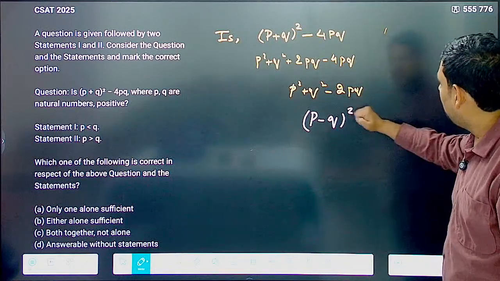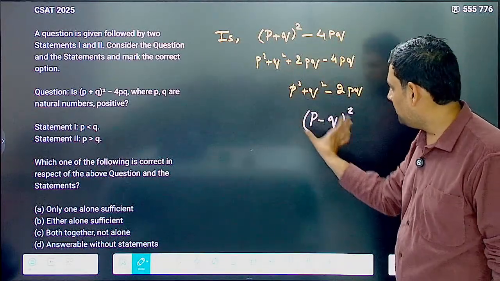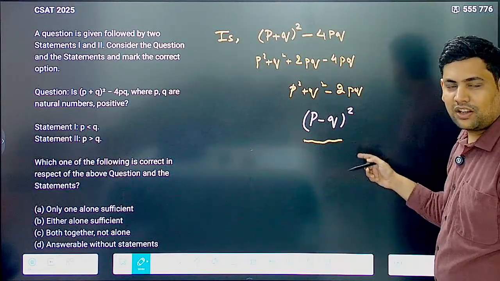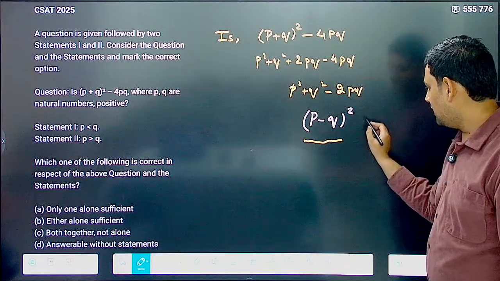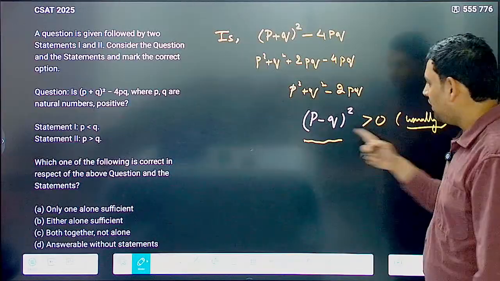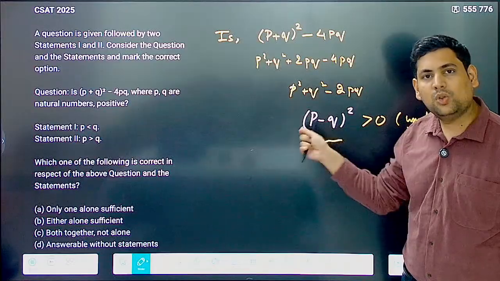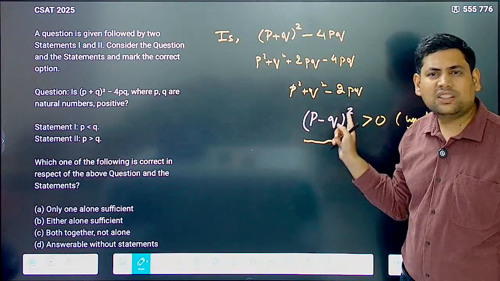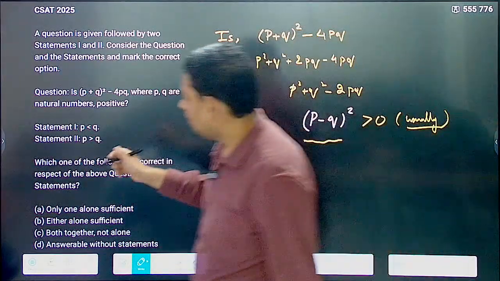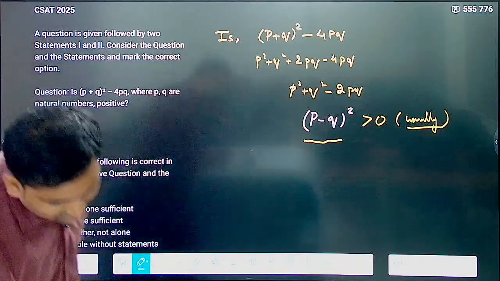I have just solved this expression and got to here. Now they saw a square. This is the square of something. Now square of something is greater than 0 usually. Why? Because even if you get a negative number here, for example, let's say p is 2, q is 5, then 2 minus 5 is minus 3, square is 9, which is again greater than 0. So then they thought that actually no statement is needed and the answer becomes D. Okay, somebody gave answer D.